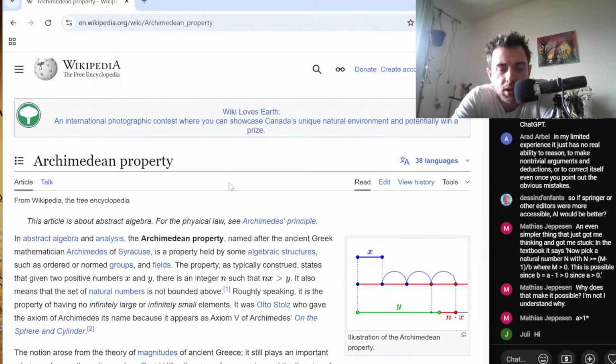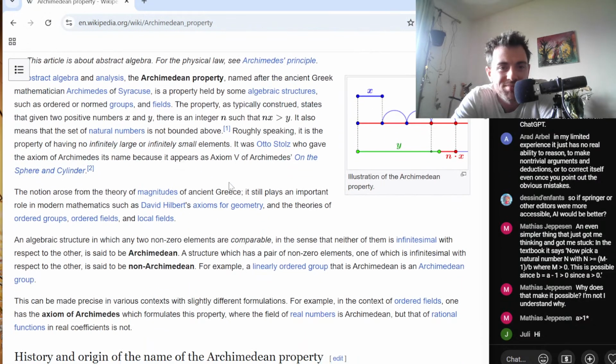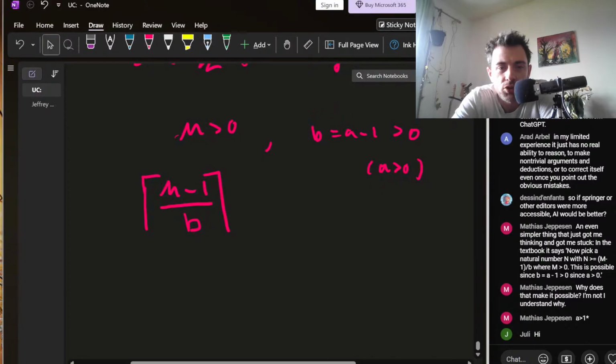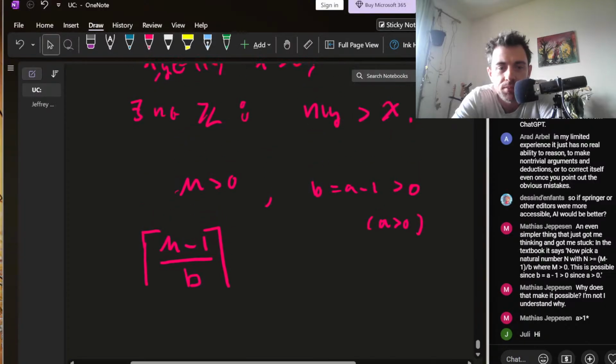Notice how I skipped past the AI answer. Given two positive integers. Okay, it just says two positive integers, right? So yeah, you could say it like that.